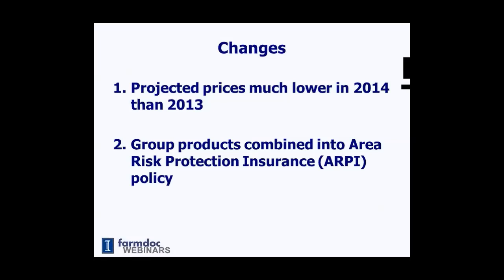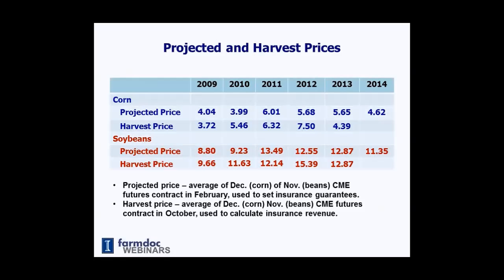The second change is that RMA introduced the area risk protection insurance policy, and that replaces the group policies. So right now we're just going to go through those changes and look at the impact of those on crop insurance choices.